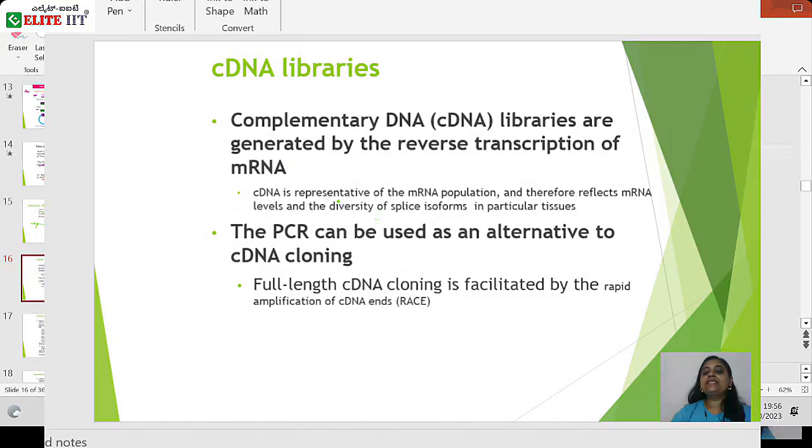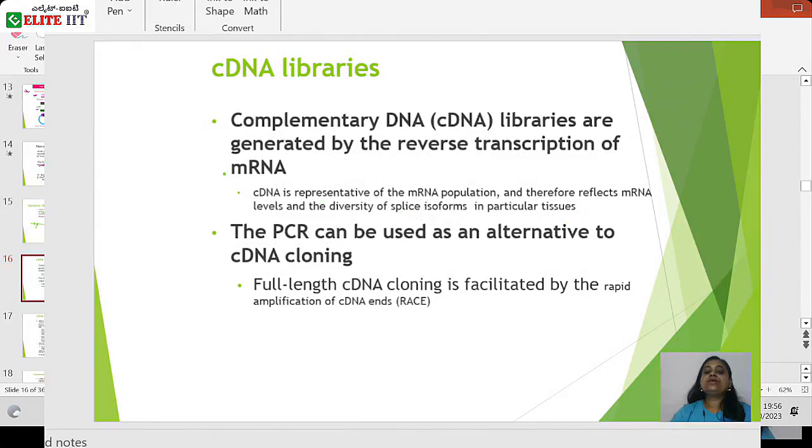And in the cDNA, will there be introns or not? If you consider the eukaryotic system, cDNA is the complement of mRNA, so there will be no introns. Only exons and UTRs, right? And it therefore reflects mRNA levels and the diversity of splice isoforms in particular tissues.